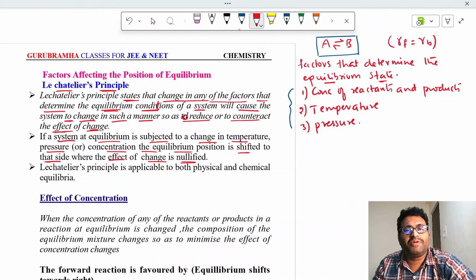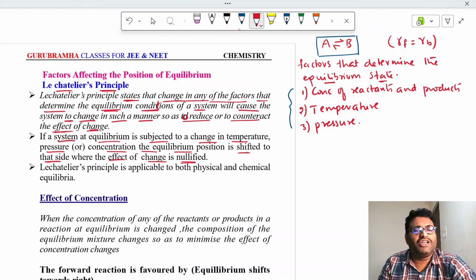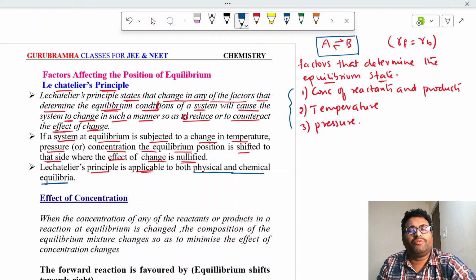Le Chatelier's principle is applicable to both physical equilibrium as well as chemical equilibrium.